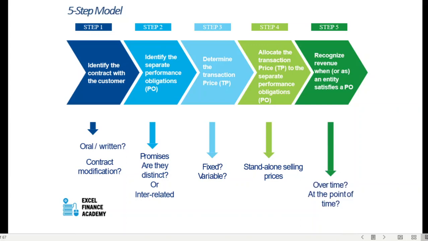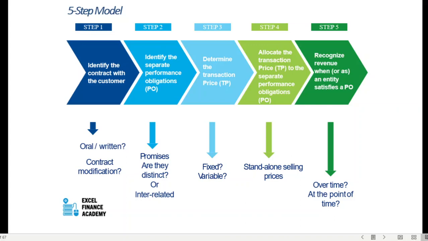Now, this is also a very important consideration, because when we are looking at the financial statements, if we make a mistake in recognizing over-time revenue as point-in-time revenue, then the financial performance of the company will be overstated in one year and understated in other years, and vice versa is true as well.